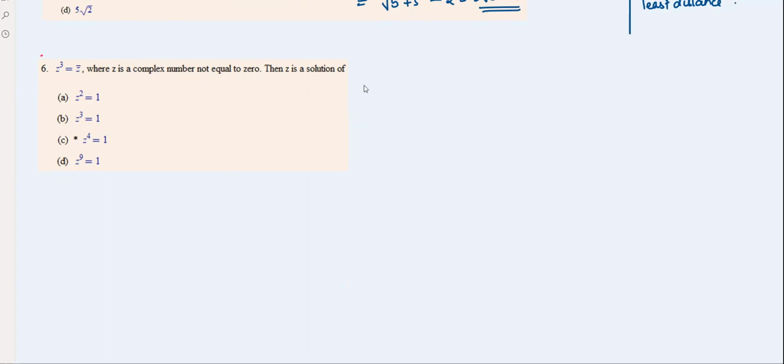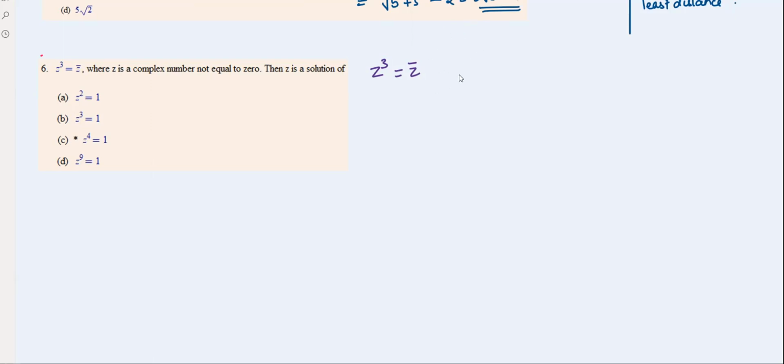So we get z cube is equal to z conjugate. So from this, we get two things.